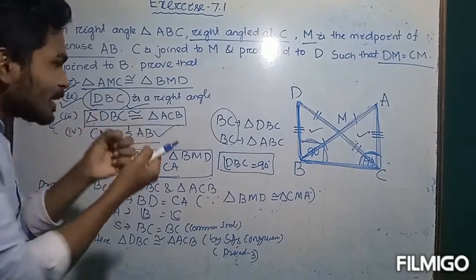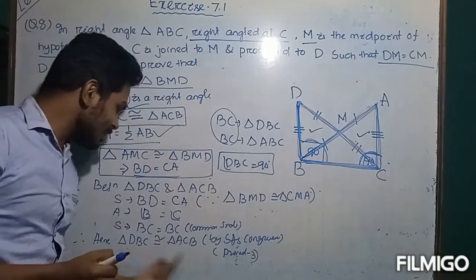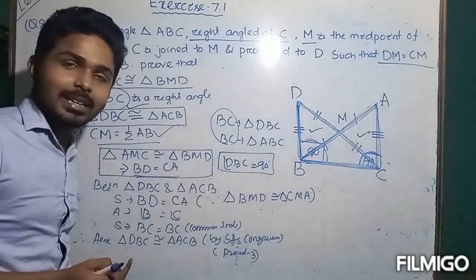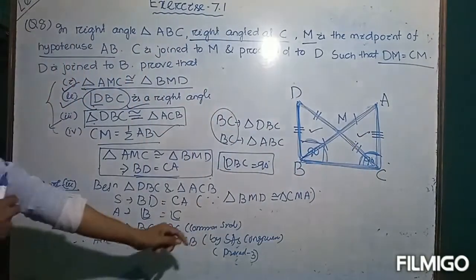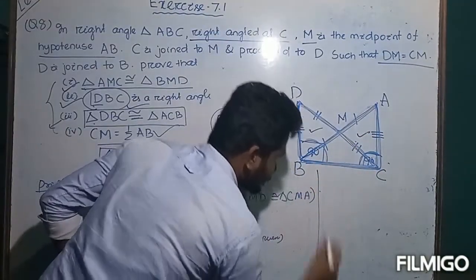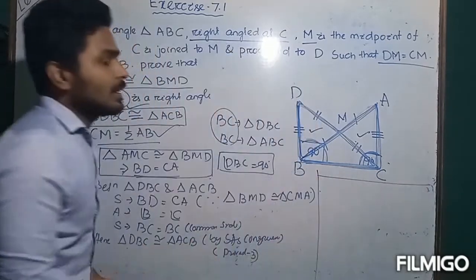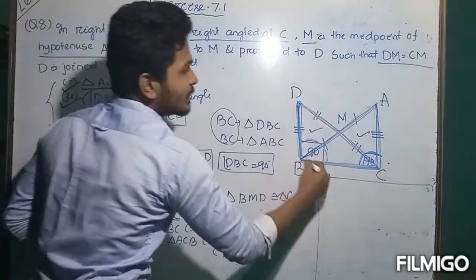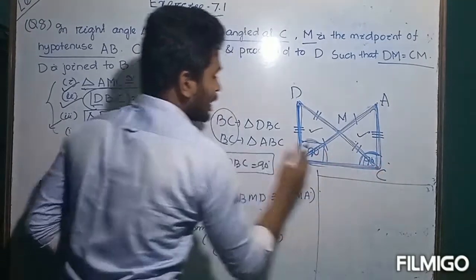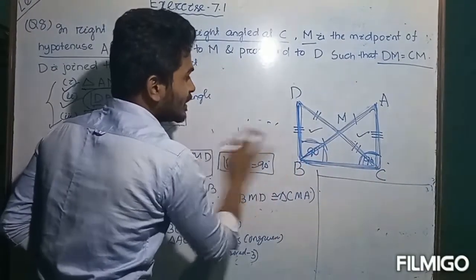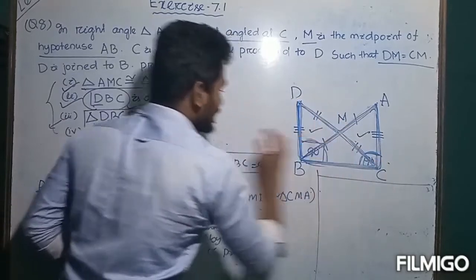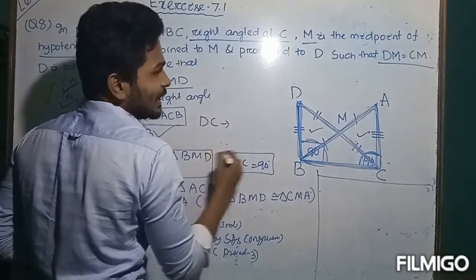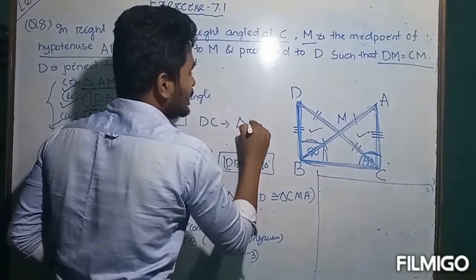Which data should be taken from the case that triangle DBC is congruent to triangle ACB? Since these two triangles are congruent, if we consider DBC as a triangle, then DC is a side of triangle DBC.